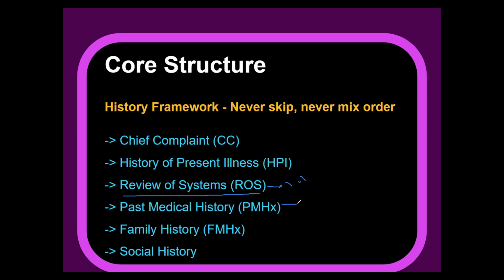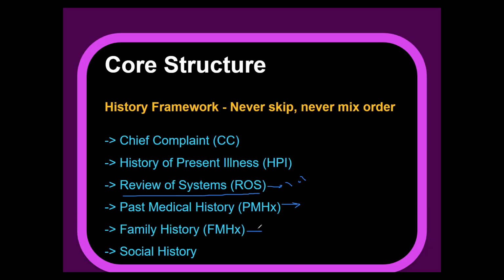Past medical history, again, this is extremely important. For a patient who has, for example, chest pain, you have to ask about their past medical history and see if they have diabetes, hypertension, dyslipidemia. Make sure that they have or they don't have any risk factors for developing acute coronary syndrome.